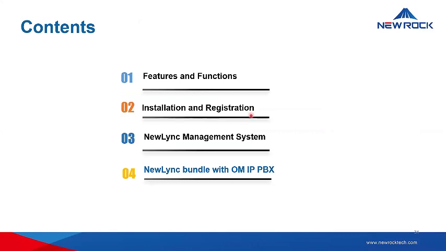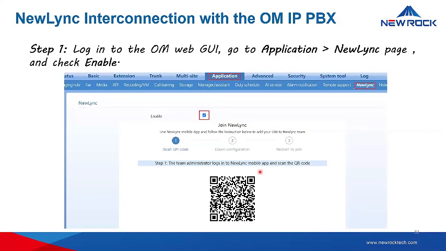You already added a new user and created a department. Now the important part is we need to integrate our OM IPPBX with the New Link application. The first step is to log into OM, then go to the application, New Link page, and click enable.